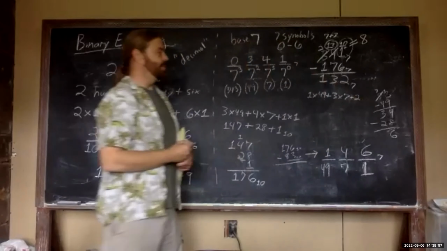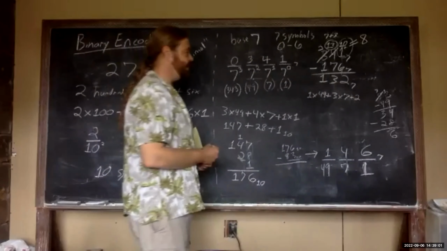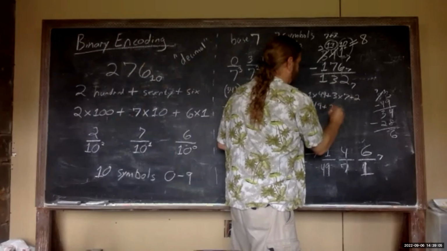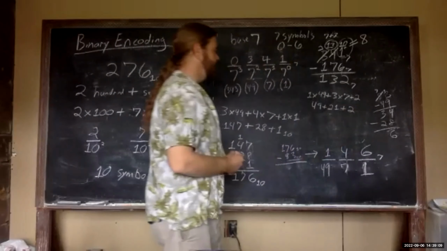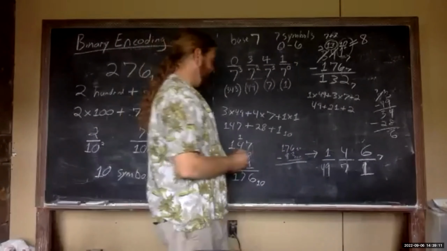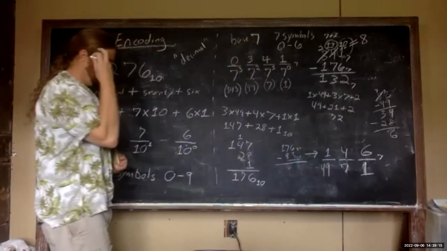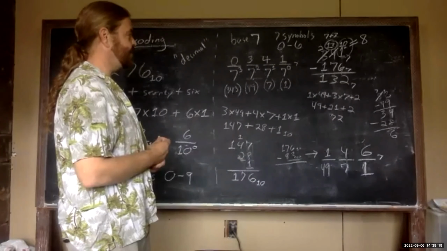I can't remember, and so I'm going to skip the times 1. So what is that? 49 plus 21 plus 2 is 72. That doesn't seem right.